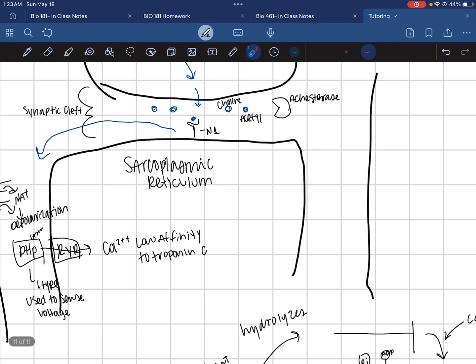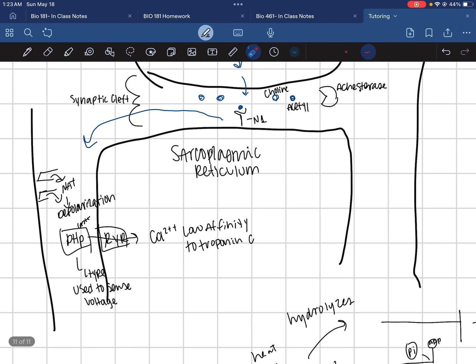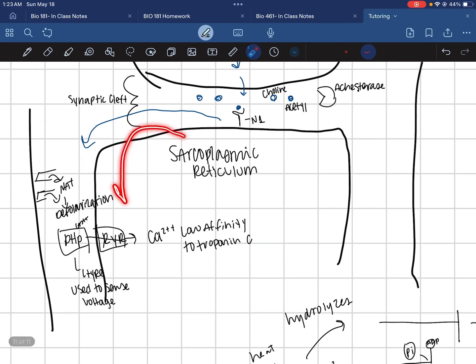And then the binding of acetylcholine causes these sodium-potassium ligand-gated channels to open, which moves sodium down into the cell, and potassium diffuses out due to driving forces.